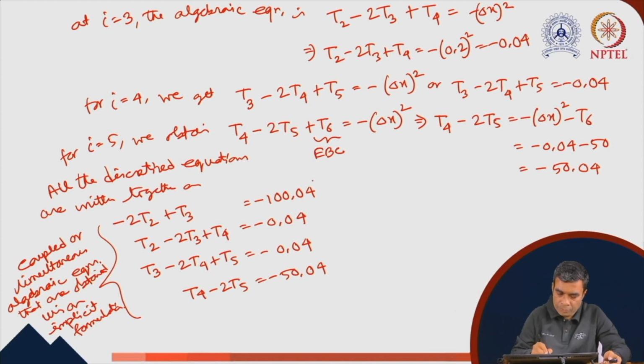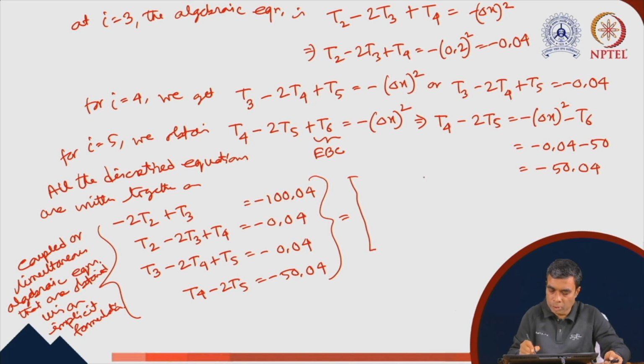Now, these four equations, we can write them in a square matrix form, which will be of size 4 by 4. So here our unknowns are T2, T3, T4 and T5.